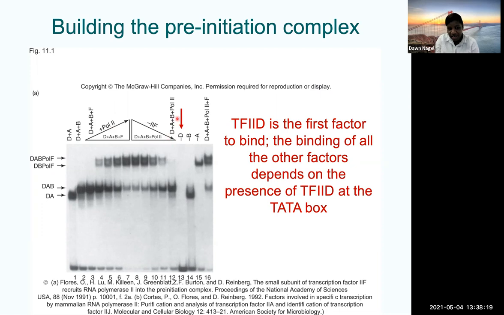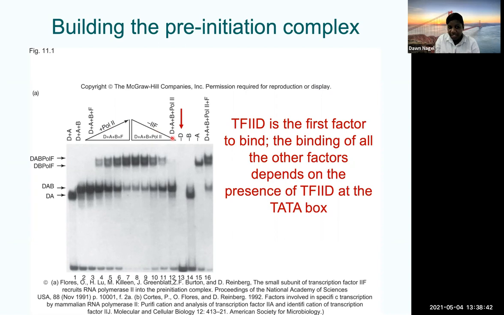So when you only have DAB and Pol II, you don't get this shift. Even though it wasn't important here, it is important. It just cannot bind without RNA polymerase II, and RNA polymerase II cannot bind without it. So these two work together.